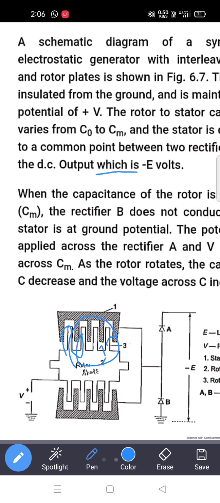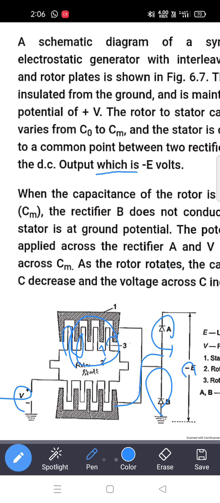The rotor is insulated from the ground and maintained at a potential of plus V. The rotor to stator capacitance varies from Cmax to C0. Okay, and the stator is connected to a common point between two rectifiers across the DC output voltage, which is minus E volt.